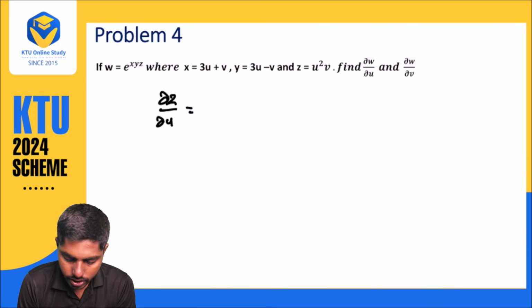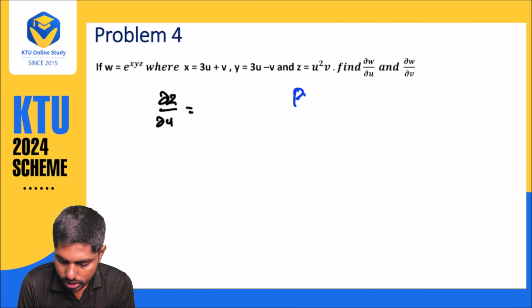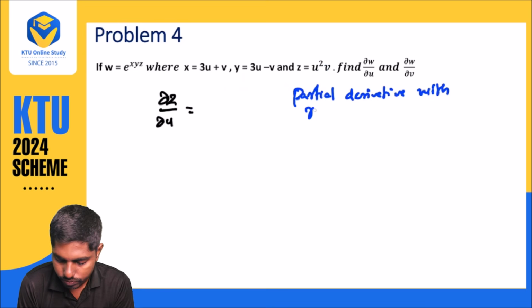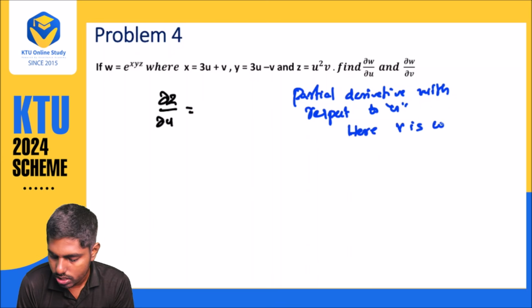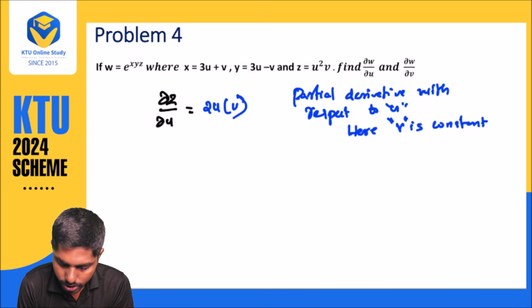z is u squared times v, so we take the partial derivative with respect to u. Here v is constant, because it is in product form.